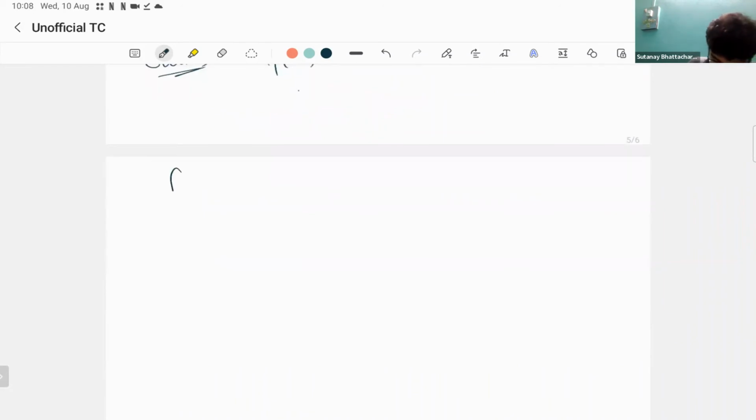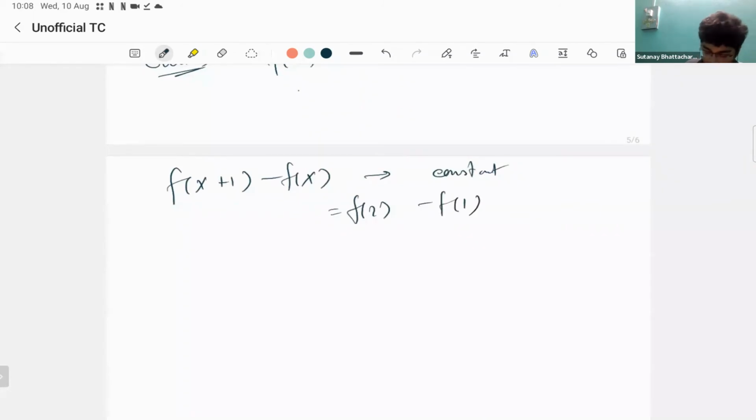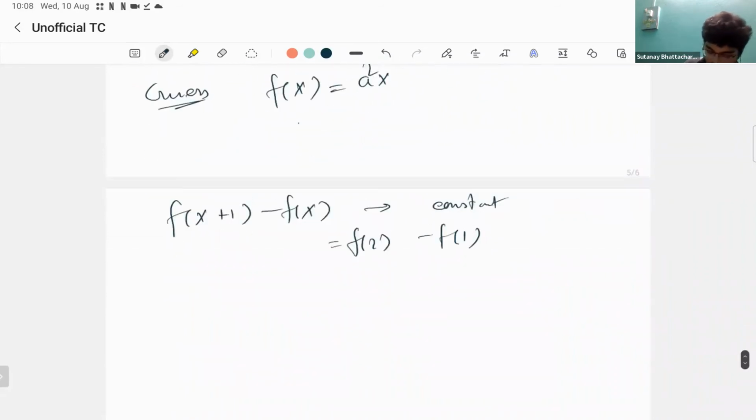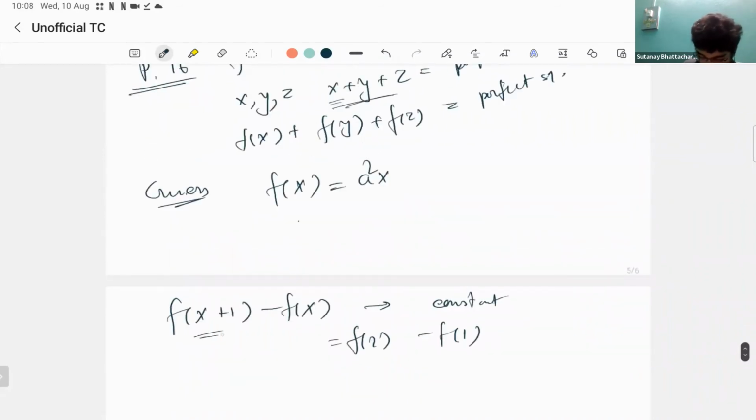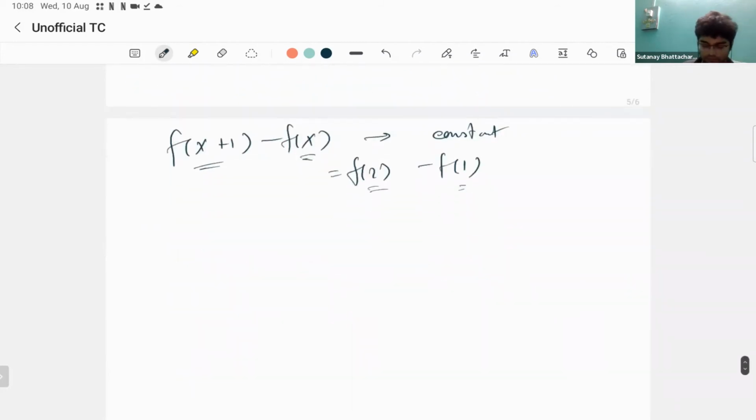One good way of proving things are linear is proving that f of x plus 1 minus f of x is constant, which would be equal to f of 2 minus f of 1. So let's try to come up with triples that use x plus 1, x, 2, and 1, because that means we can use them.